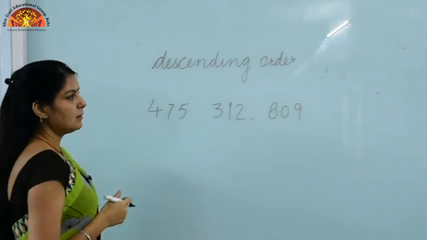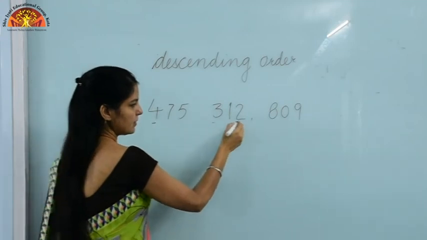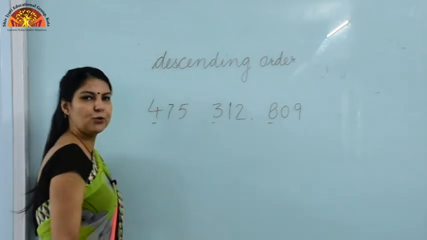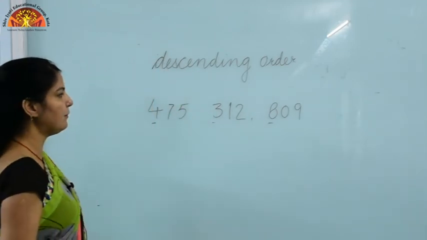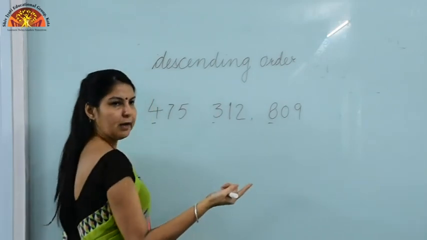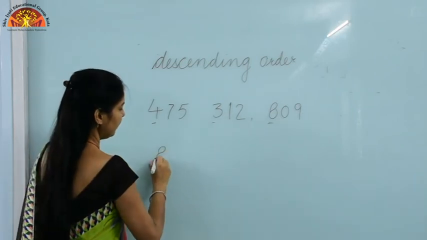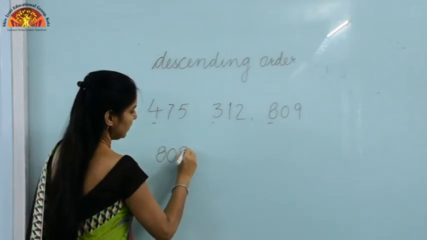Now we will compare which number is bigger here. You can see the digits which are given at hundreds place. Now you can find out very easily which will be bigger. Here 4, 3 and 8. 8 will be bigger because it comes later in the counting. So first of all we will write 809.